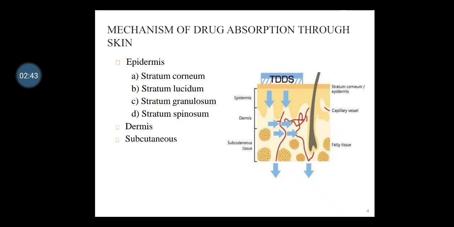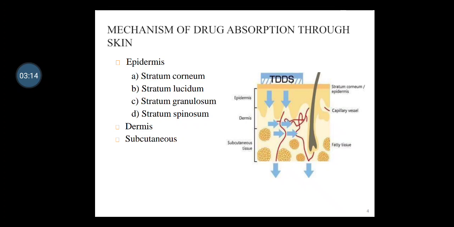The second aspect is the dermis. The dermis basically consists of some part of the stratum basale, and below that the sweat duct, sebaceous gland, arrector pili muscle, then sweat gland at the lower level. Some lower parts of the blood vessels are also present in the dermis, which is the uppermost part of the subcutaneous layer.